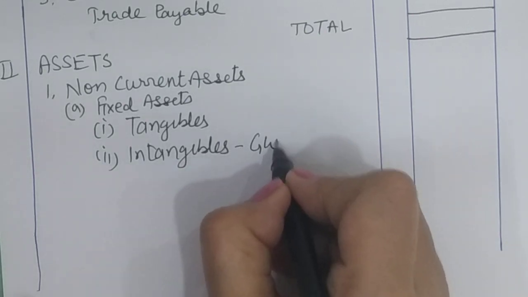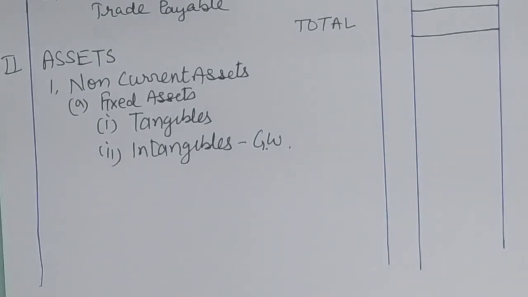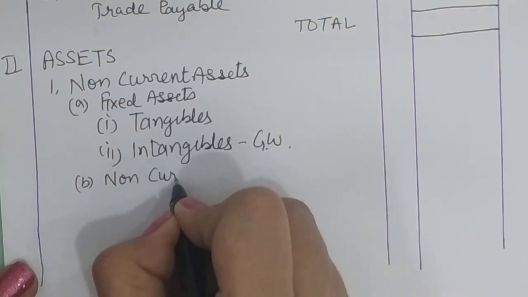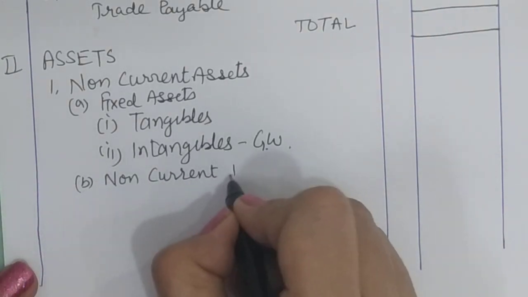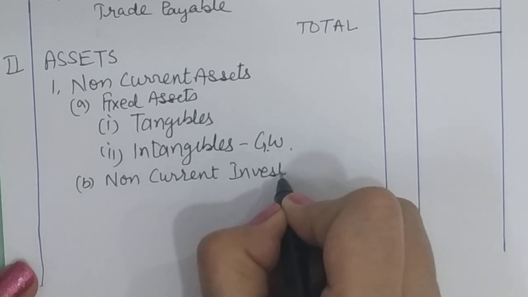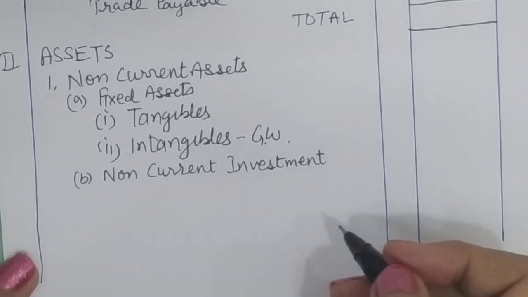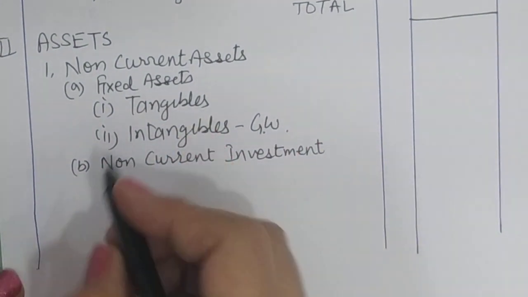It may include copyright, patents, etc. if you are given any. So the composite amount will be written here. Then you have non-current investments. We could easily forget it also, because we know that all the investments belong to the common pool. That is, the holding company has made investment into the subsidiary company. No other investment is there.